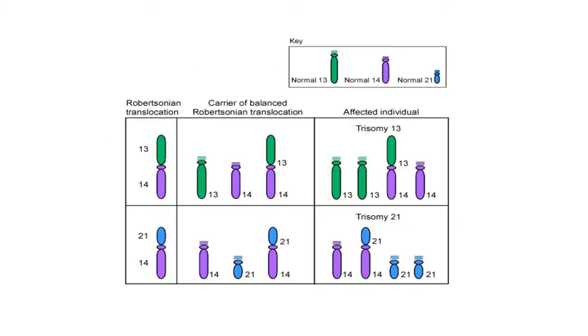Okay, this just depicts Robertsonian translocations that actually do occur in humans. One that does occur is, of course, this 21-14 fusion, and it shows the karyotype of the carrier individual: 1 normal 14, 1 normal 21, 1 fusion. The child that gets the trisomy 21 is the one where the 21 segregated with the fusion chromosome.